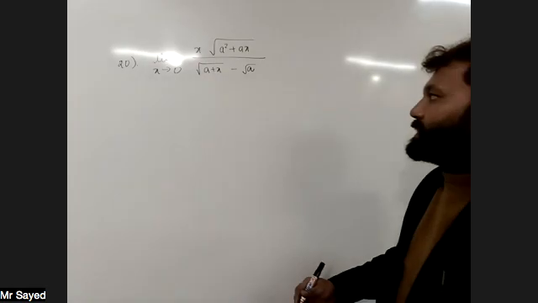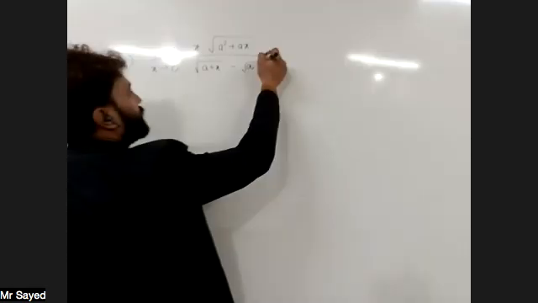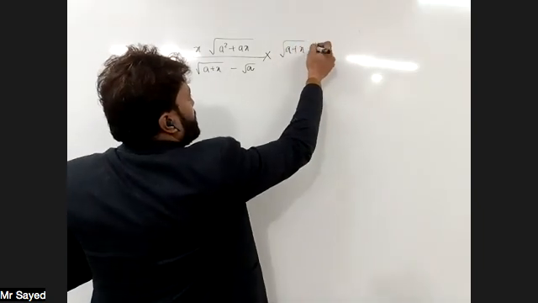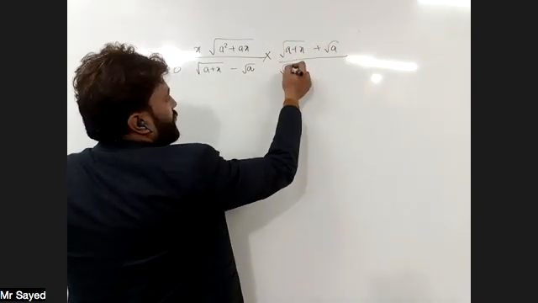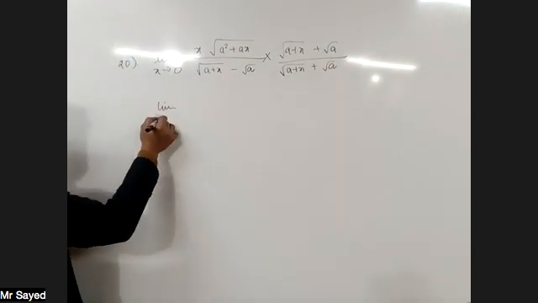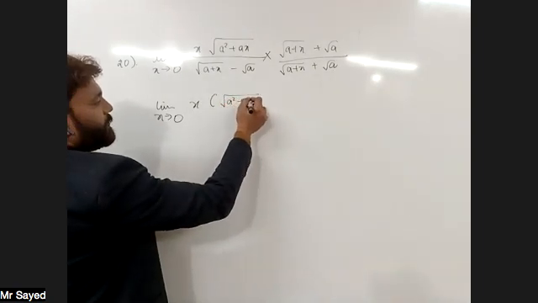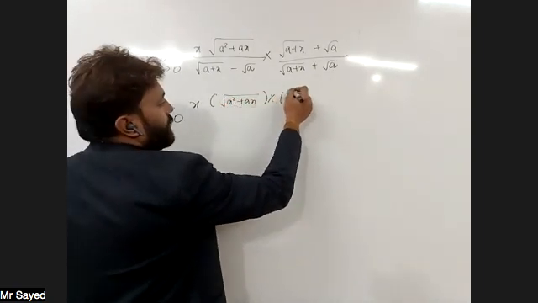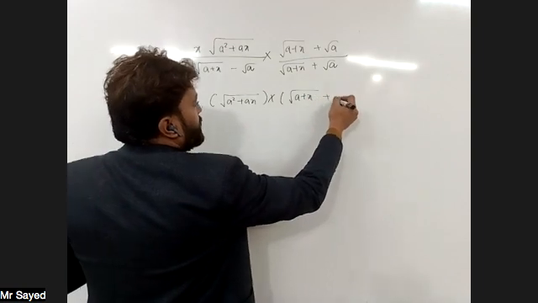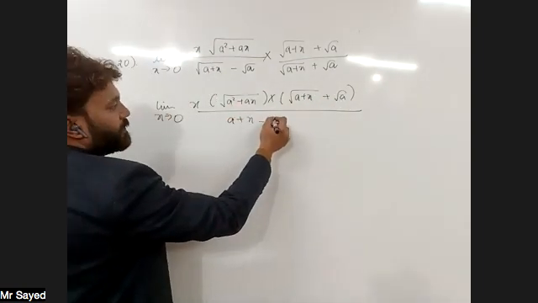For questions like this, we know that for square root with the negative sign in between, the best way is to rationalize, so root a plus x plus root a. So this will be limit x tends to 0, x root a square plus ax into root a plus x plus root a, whole upon a plus x minus a.